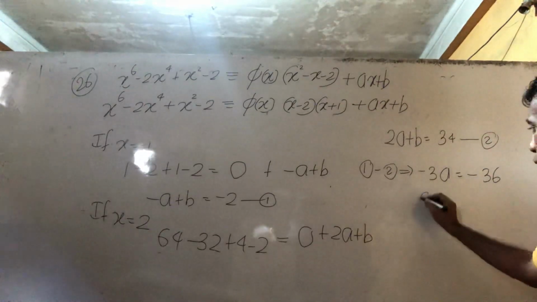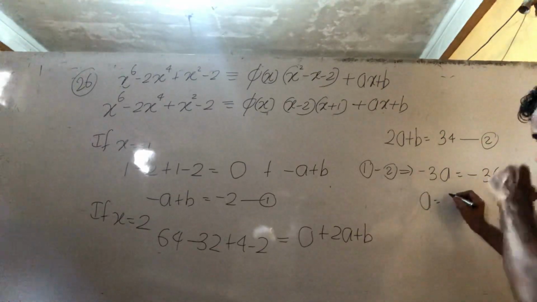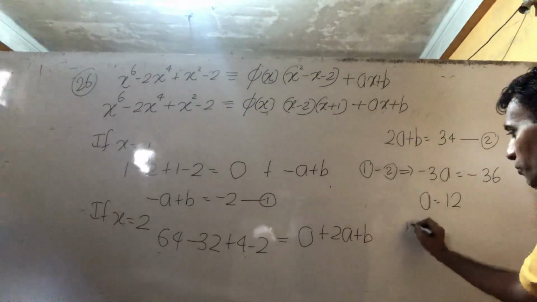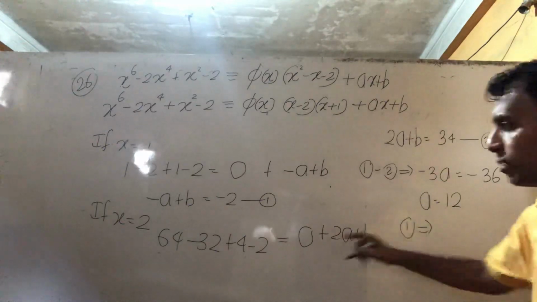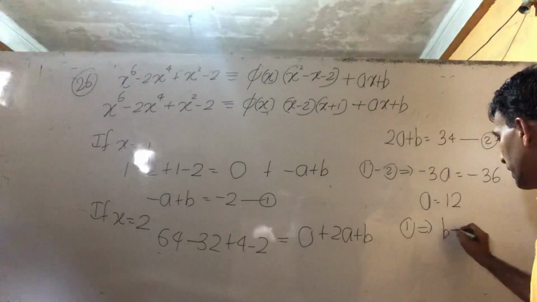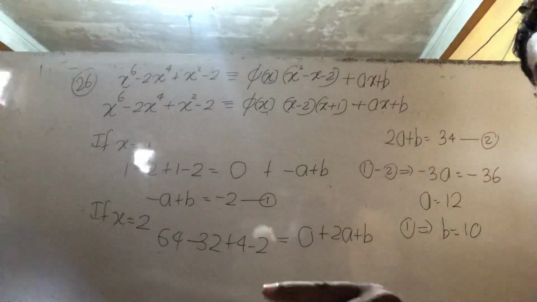Therefore, a equals 36 divided by 3, a is 12. Then from the first equation, what is b? Put a as 12, minus 12, here 10. b is 10. Therefore, complete the answer.